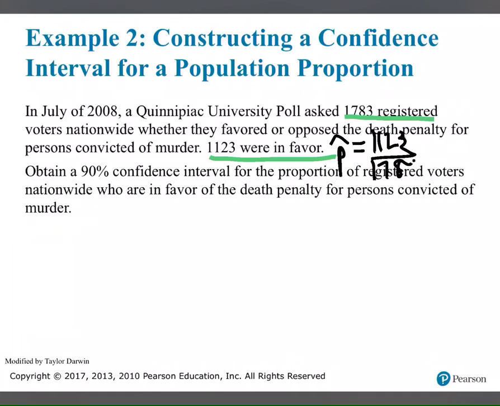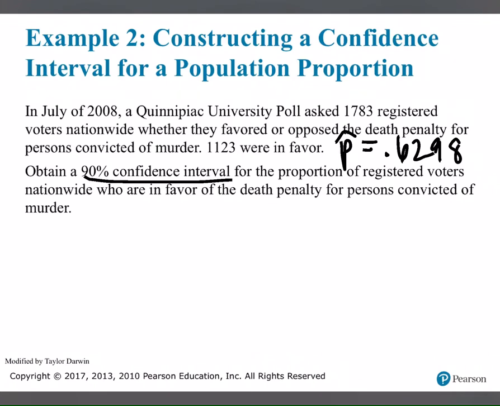And for my p hat, I got 0.6298. Did that earlier. We're going to add something to it. Obtain a 90% confidence interval for the proportion of registered voters nationwide who are in favor of the death penalty for persons convicted of murder.